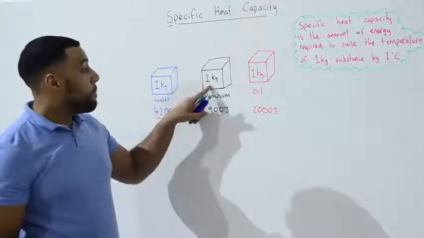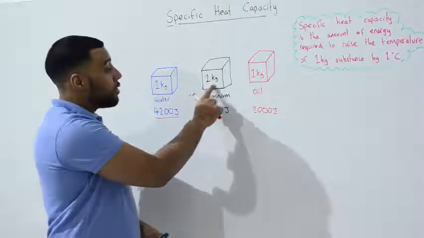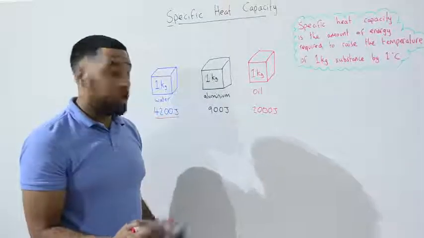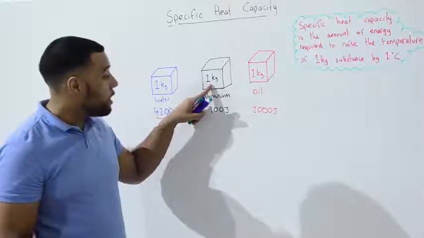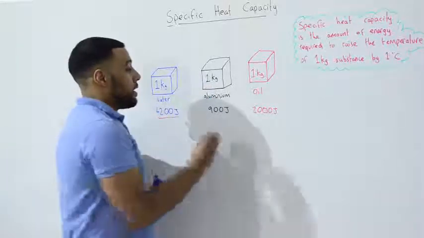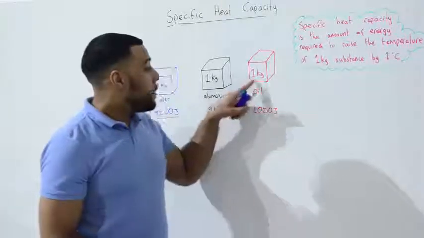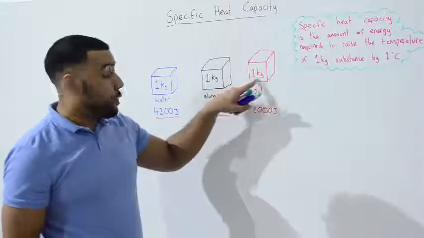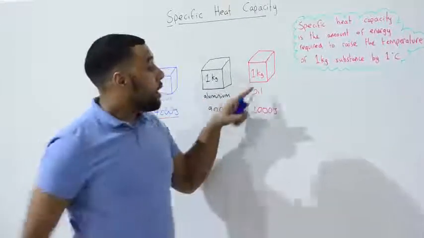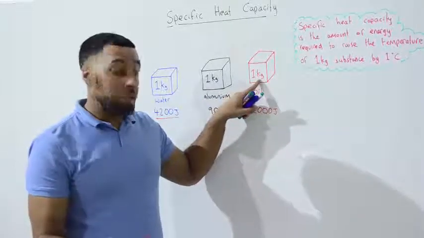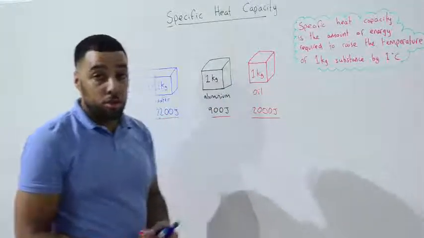If we have the same mass of aluminium, 1 kilogram, and again we wanted to raise the temperature of this aluminium just by 1 degree, we would need 900 joules. And if we had again the same mass of oil, 1 kilogram, to raise the temperature of this oil just by 1 degree, well, we would need 2,000 joules.